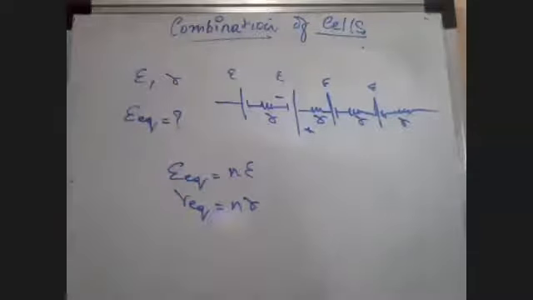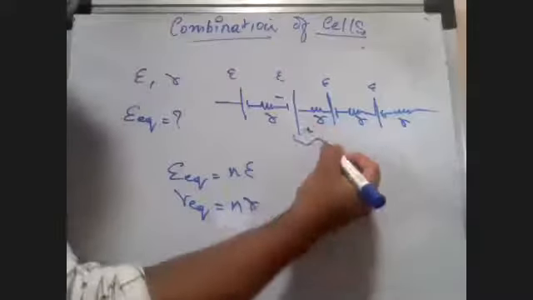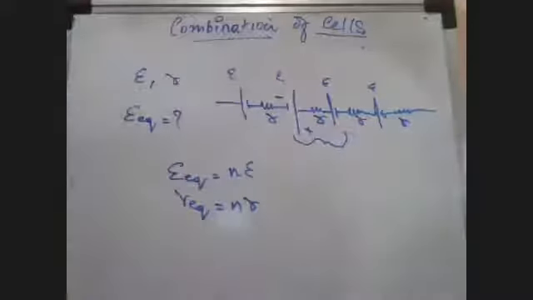Can you observe something if I change that polarity right here? What is the effect of that battery with the neighboring cell? Are these both cancelling each other? Of course, they're identical cells. So are they cancelling each other? Yes, sir.